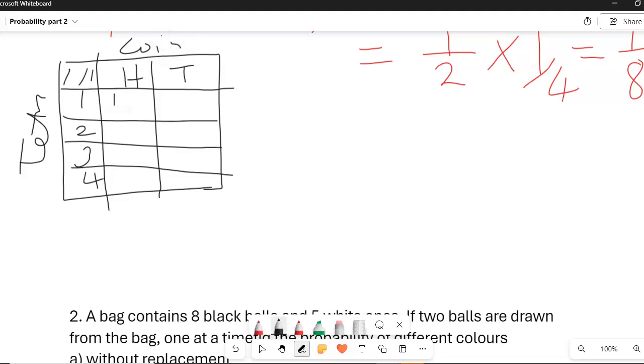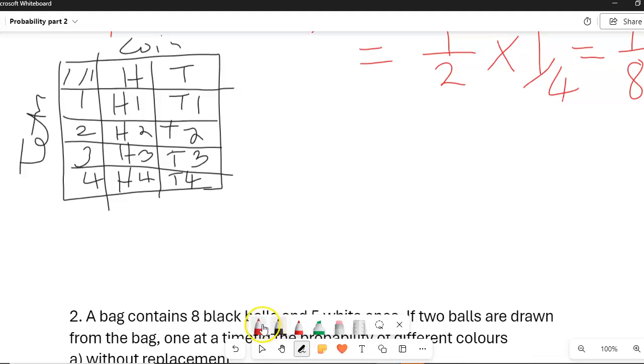You can have a head and 1, a tail and 1; a head and 2, a tail and 2; a head and 3, a tail and 3; and in the last case a head and 4, and a tail and 4.